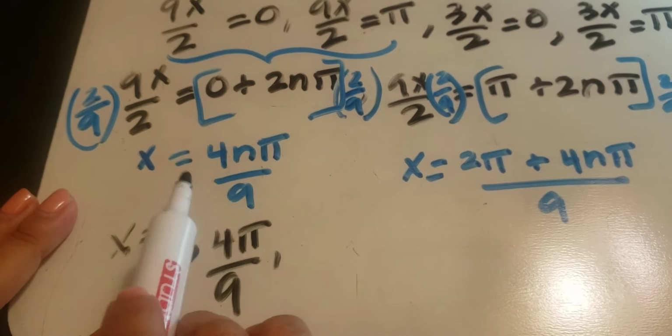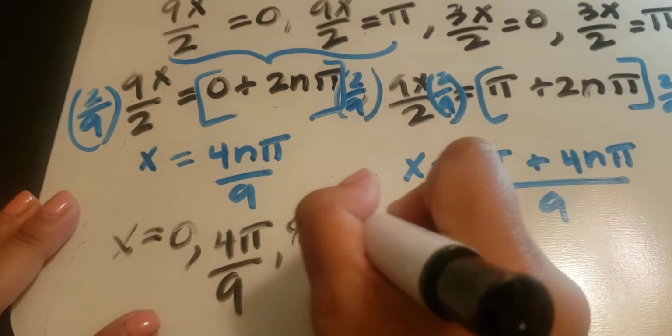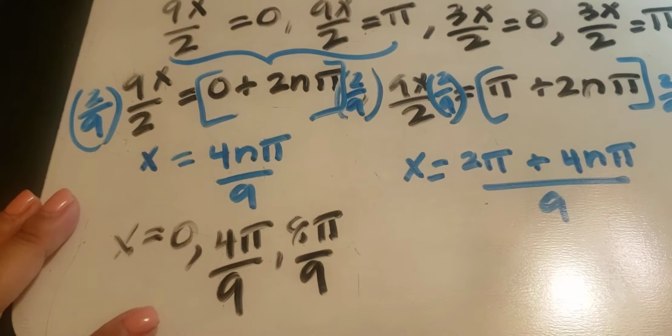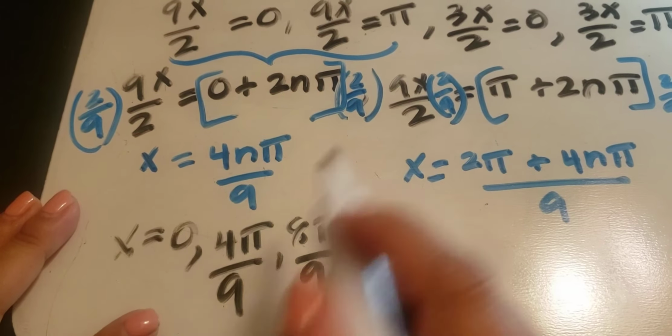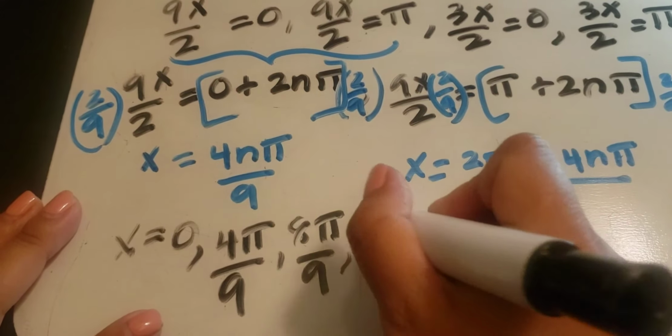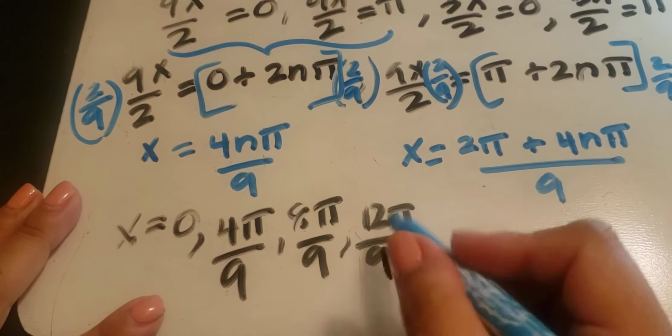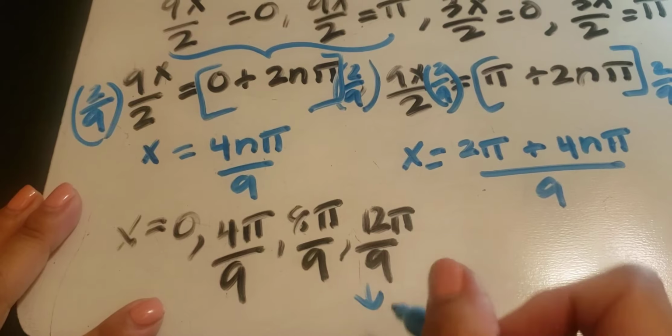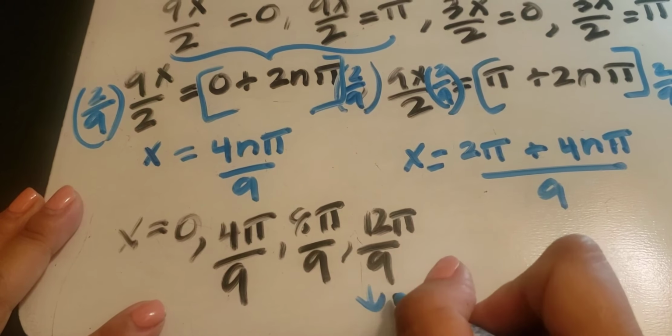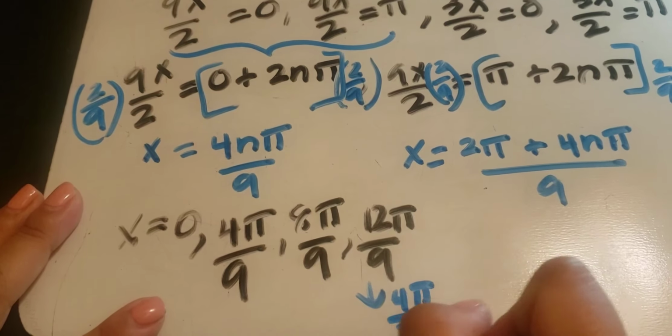When n is 2, we're going to have 8 pi over 9. When n is 3, we're going to have 12 pi over 9. Now, just a little FYI, 12 pi over 9 can simplify to 4 pi over 3.